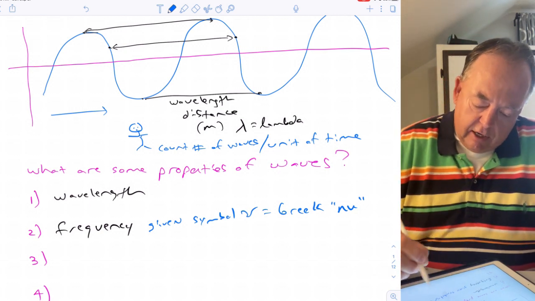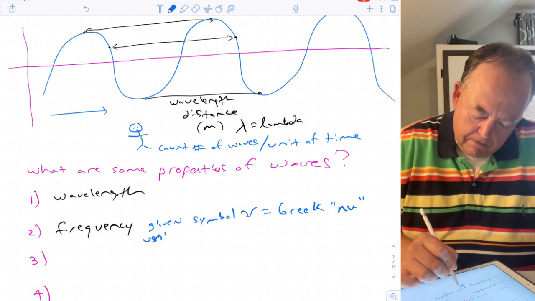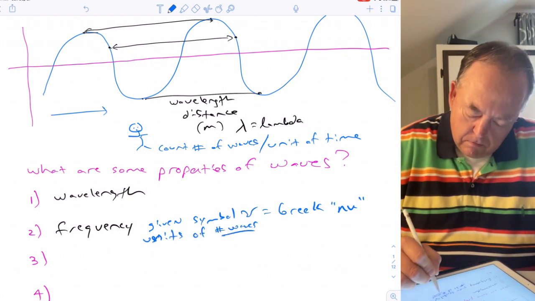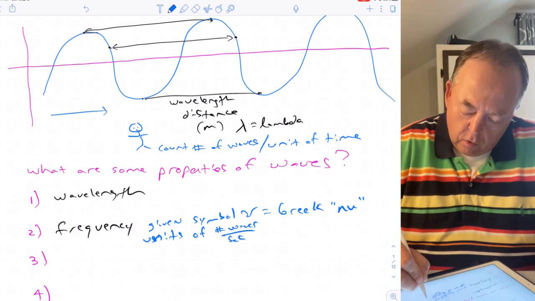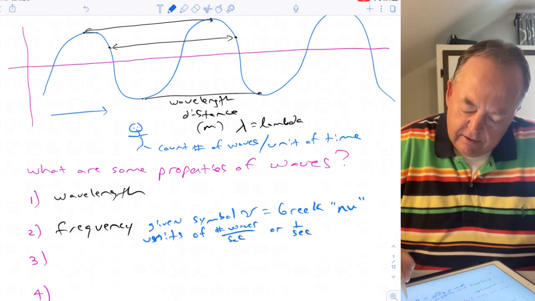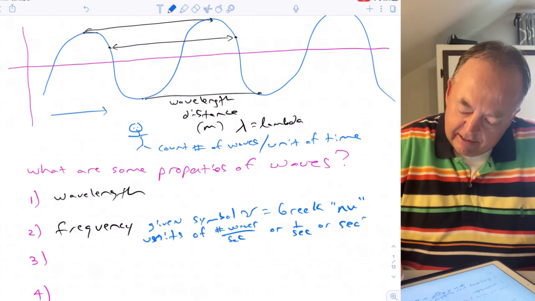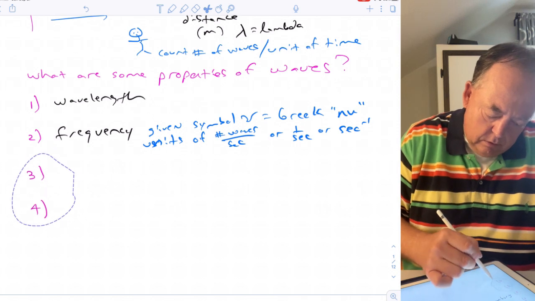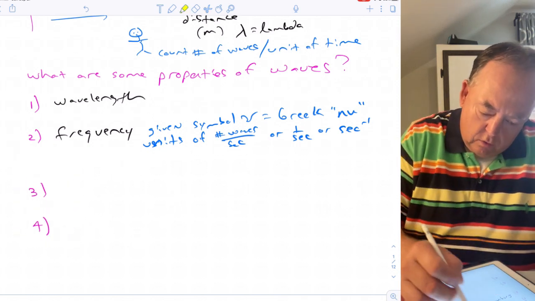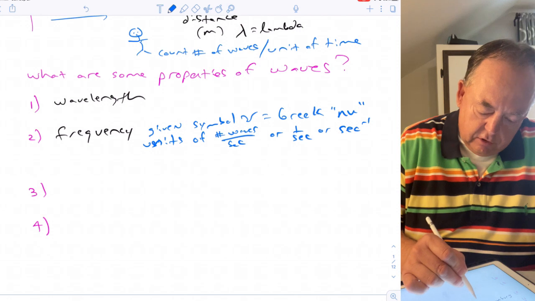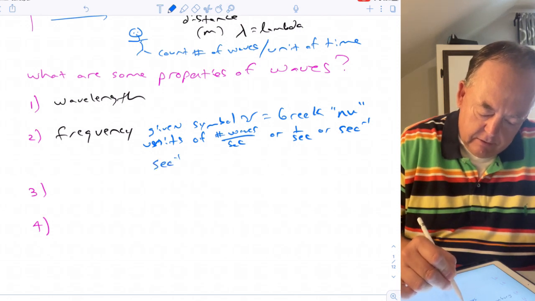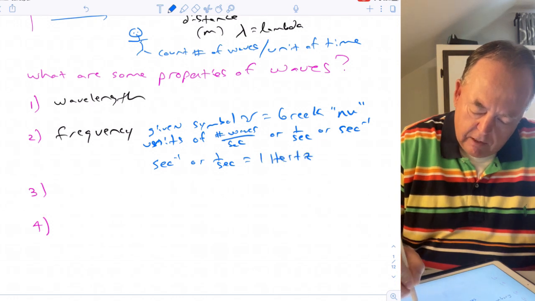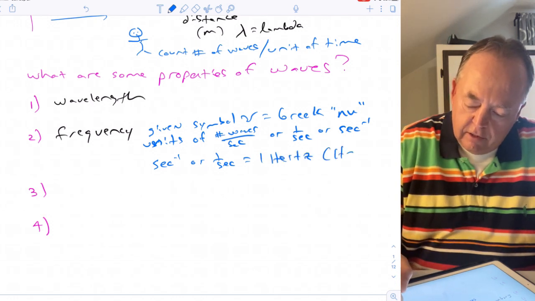And it has units of number of waves per second, or 1/s, or seconds to the -1 power, right? And so the inverse second, basically. An inverse second is the same thing as 1 hertz, right? Given the symbol Hz.